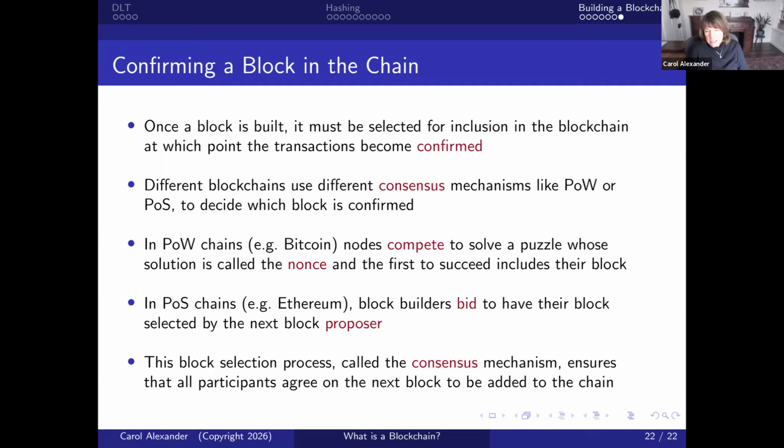The idea of proof of work is that the mining nodes, that's what they're called, the block building nodes, compete to solve some sort of puzzle using trial and error. They try, is this a solution? Is this a solution? They keep creating 64-bit hexes randomly.